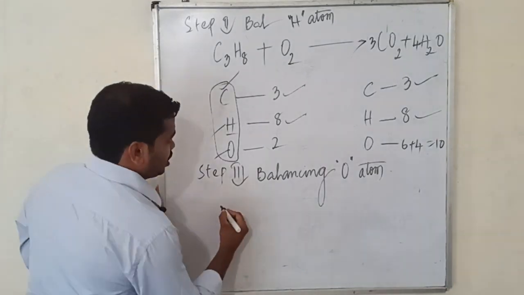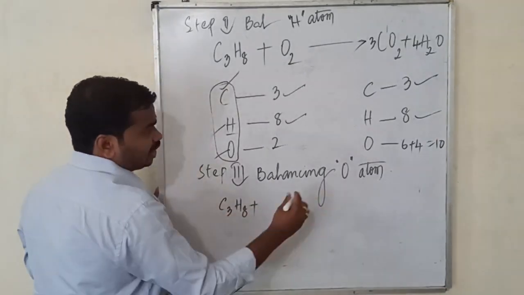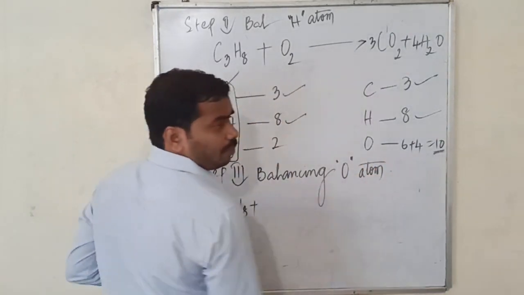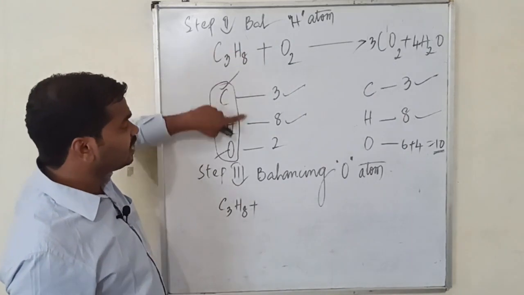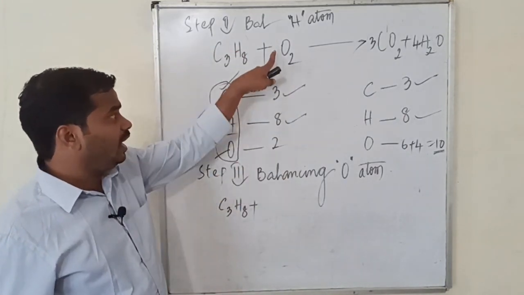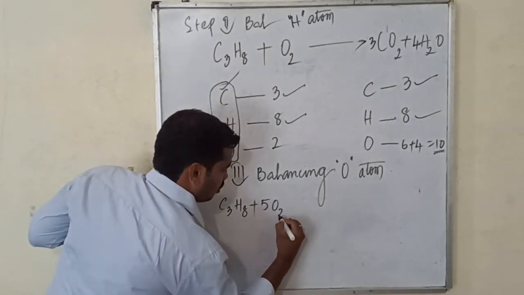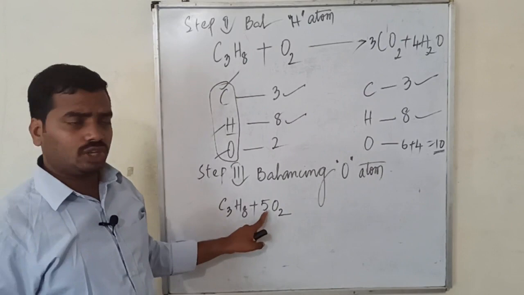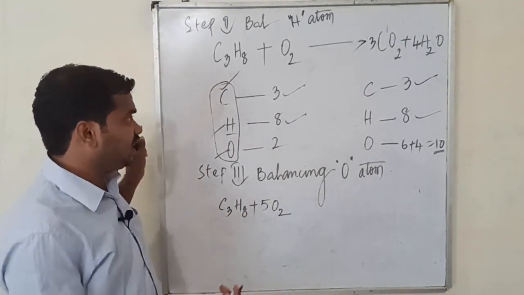Now you see, C3H8 plus, on the product side there are 10 oxygens, right? But on the reactant side there are only 2 oxygens, right? By putting 5 as a coefficient, 2 5s are 10, right? So you are making oxygens 10.